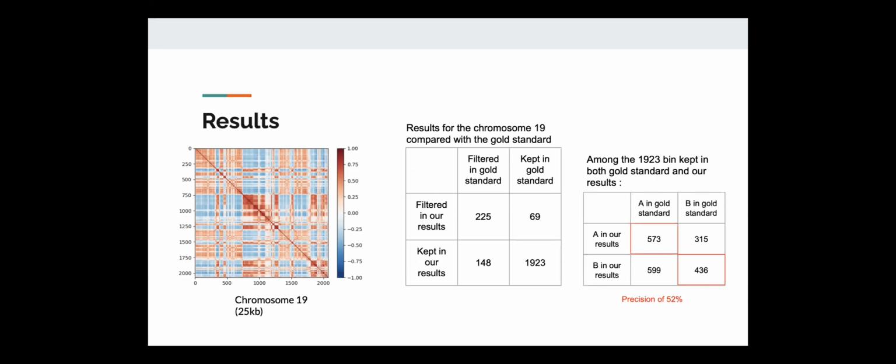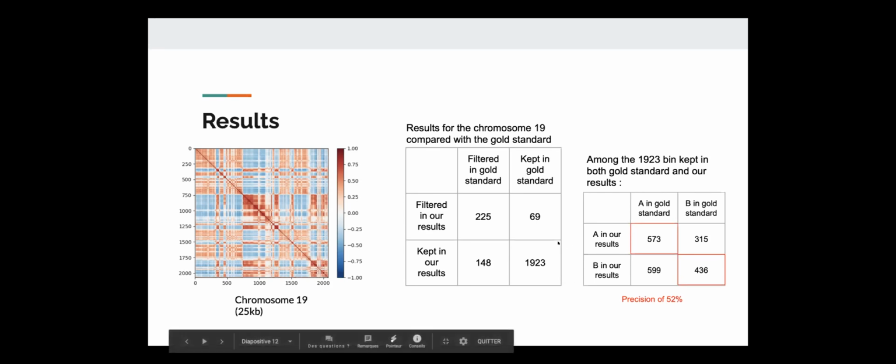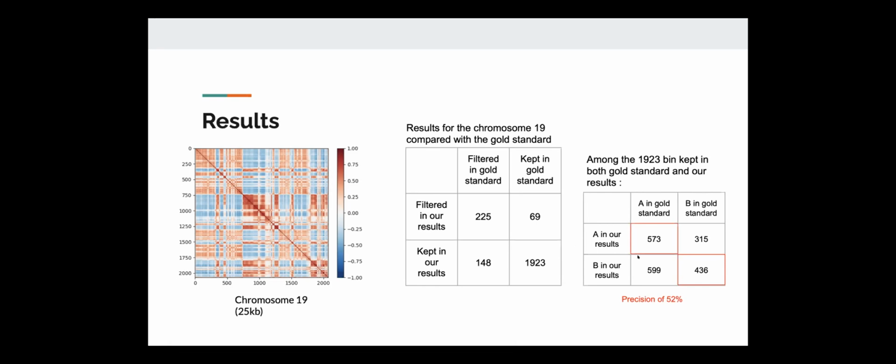So we looked at the bins that were filtered in our results and in the gold standard. We can see that the filtering is not that bad, but the allocation of the bins gave us a precision of 52%.